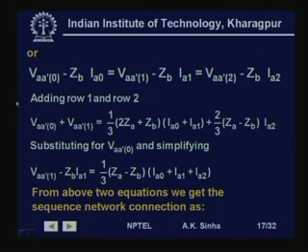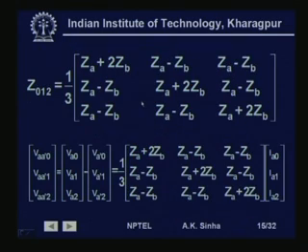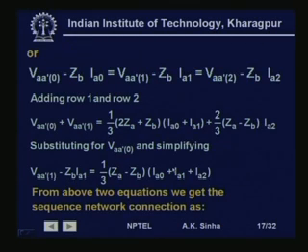Now, adding row 1 and row 2, what will we get? That is, again, if we go here and add row 1 and row 2, we will get VAA dash 0 plus VAA dash 1 is equal to 1 by 3 into 2 ZA plus ZB into IA0 plus IA1 plus 2 by 3 ZA minus ZB into IA2.